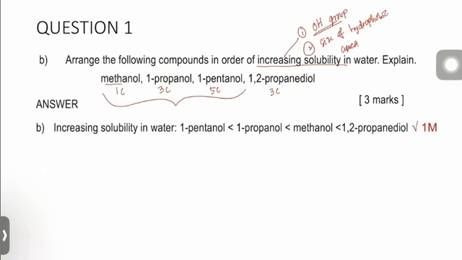Again, 1 mark is for the correct arrangement of increasing solubility in water. Another 2 marks are provided for the explanation.